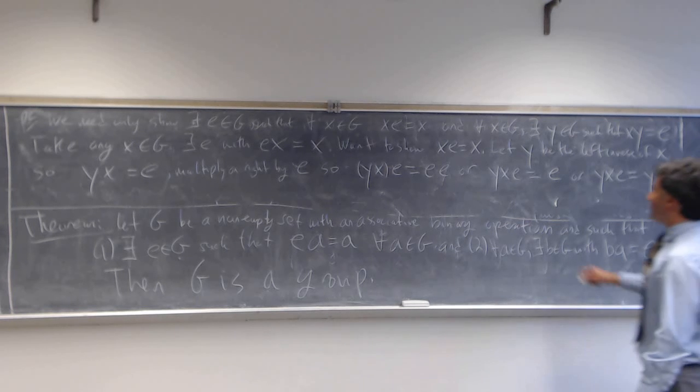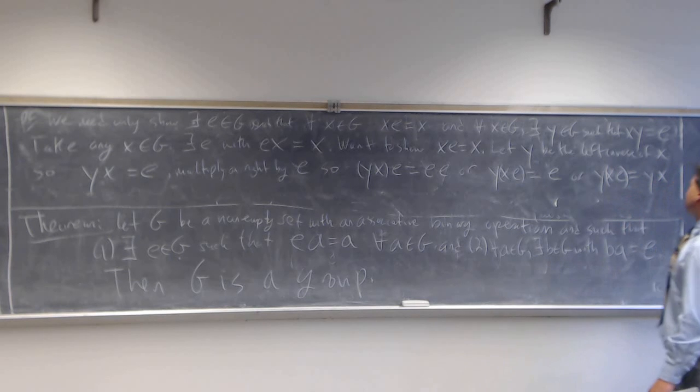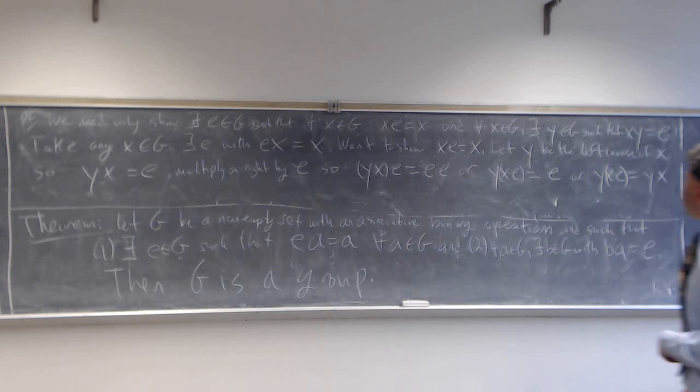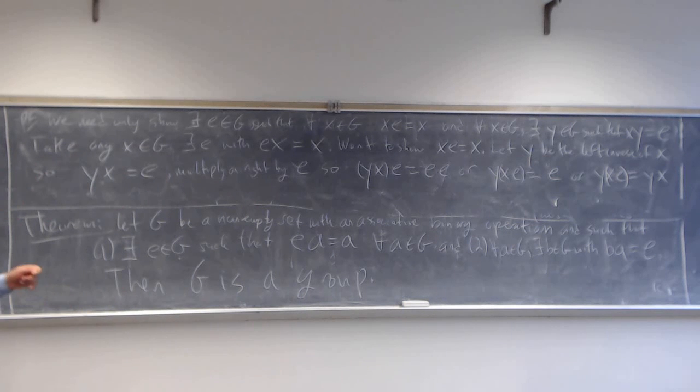I feel like we could keep the parentheses here. But as I remarked the other day, the associative law allows you to write A times B times C and not have to put parentheses there. Okay, but what about y?